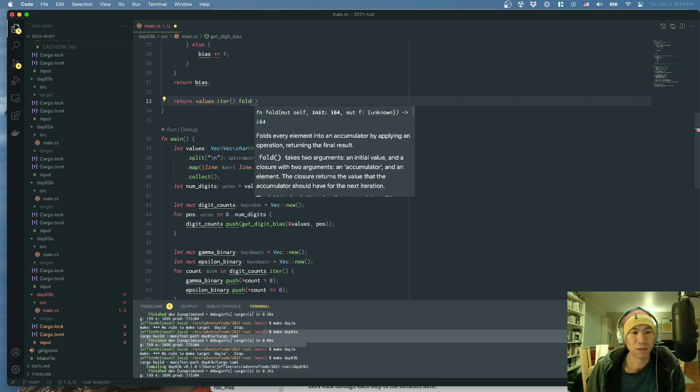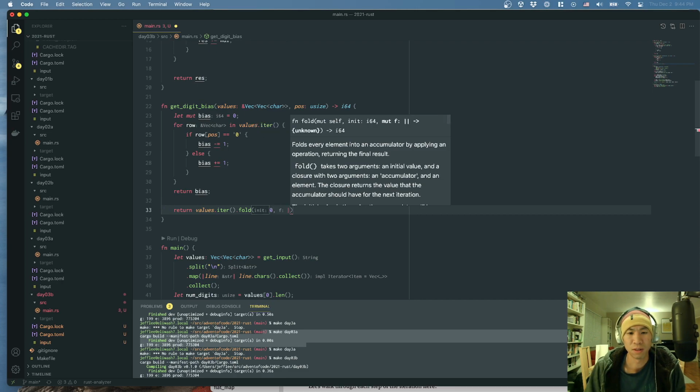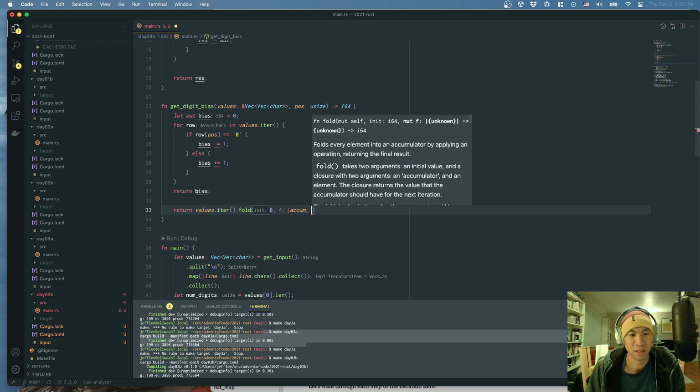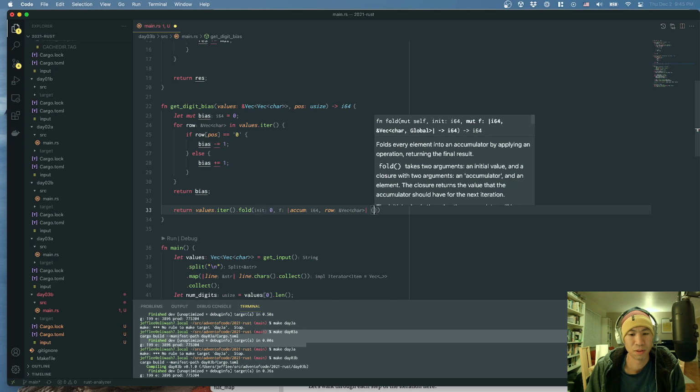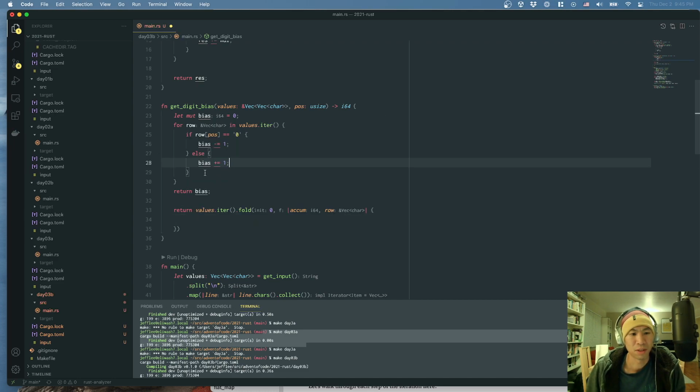The initial value that we're going to be passing in is this up here, 0. And then I think it's the accumulator here, and it's the row. And then the logic is going to be this.